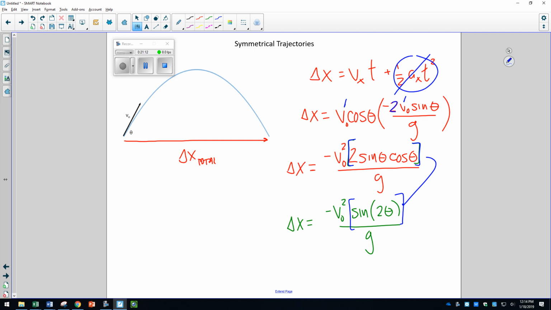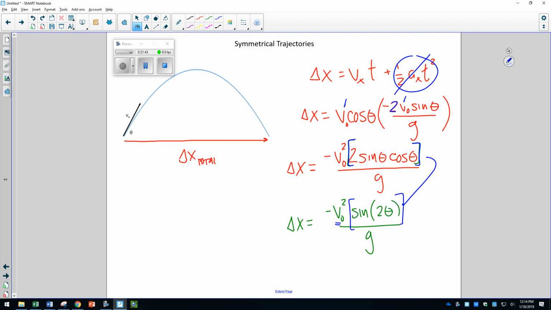All right, and the nice thing about this expression, you typically won't get this on a reference table, but it is handy, and it shows us something really cool. It says, if we want to shoot this thing as far as we can, we got a cannon that shoots things at one speed, what angle do we shoot it at? Well, we want the stuff in the blue parentheses to be as big as we can make it.